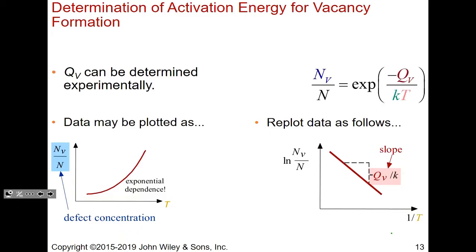Right, so the problem we left off with was talking about the vacancy concentration in a metal system at 1,000 Kelvin versus at 298 Kelvin, right? Some elevated temperature versus room temperature.